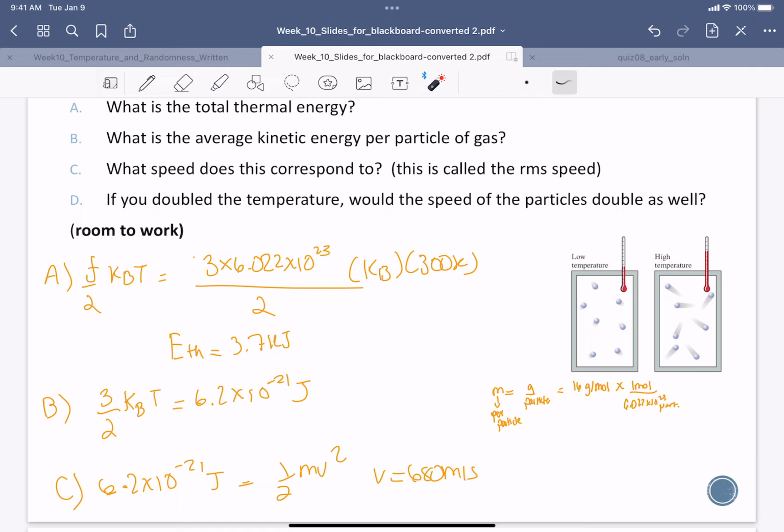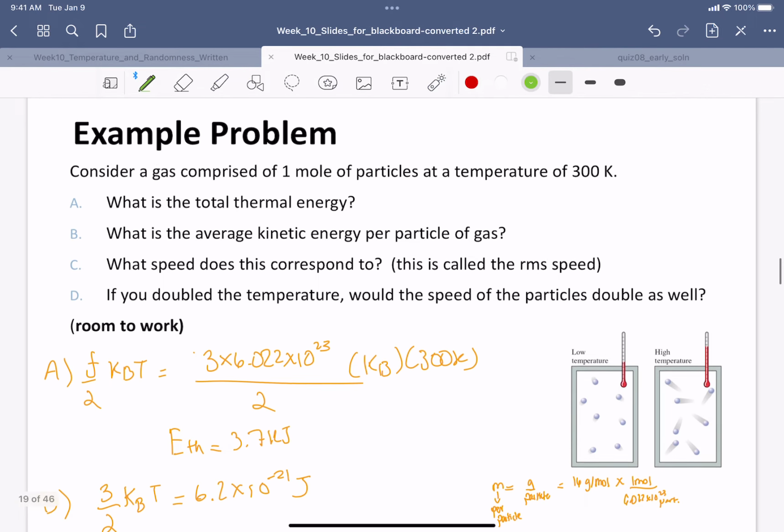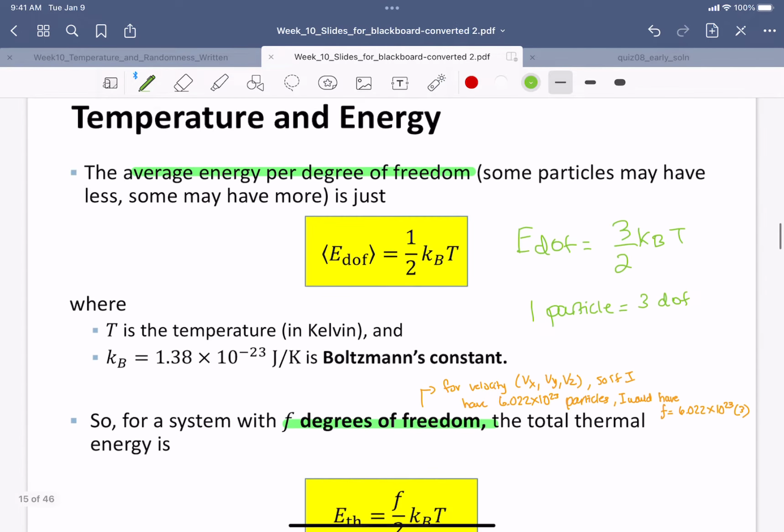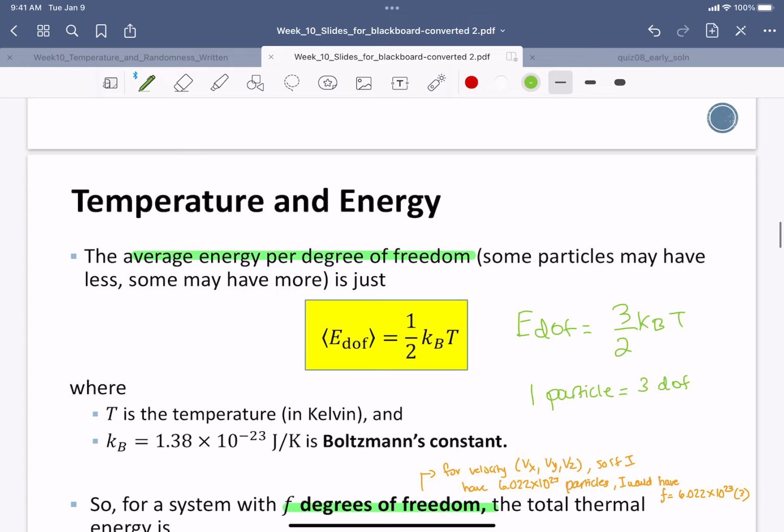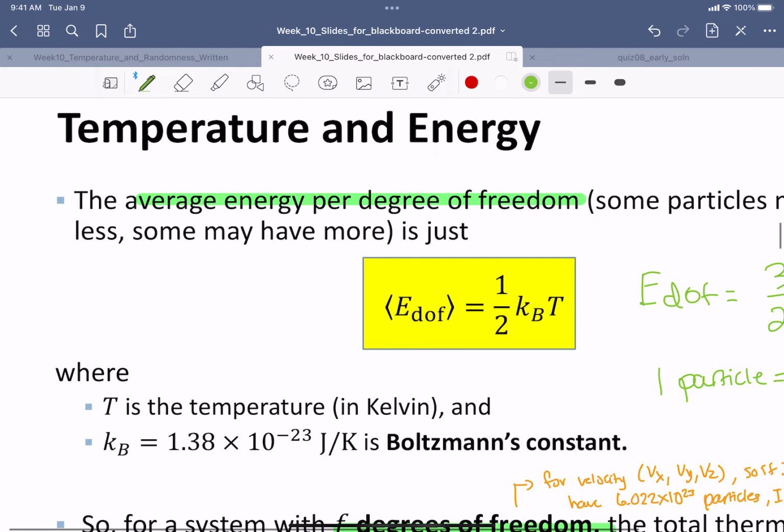This part right here with the whole 3/2 and 1/2, is that what you're asking about? Yeah, so before they were saying that the average energy per degree of freedom is 1/2 kBT, right? So if I have 1 degree of freedom, then my average energy should be equal to 1/2 kBT.